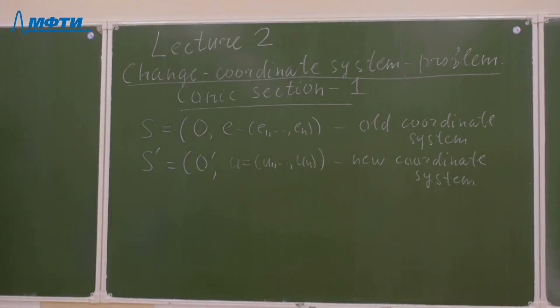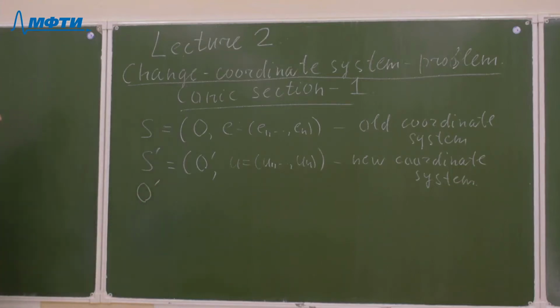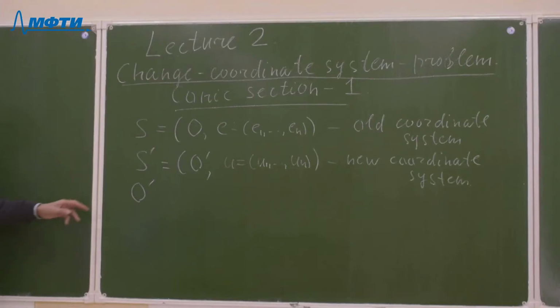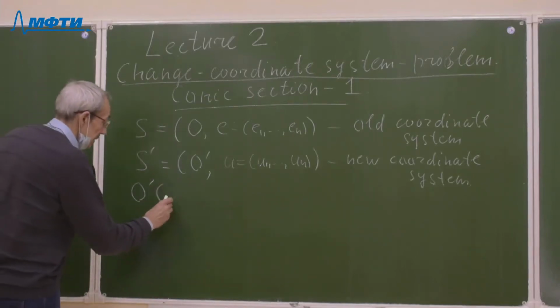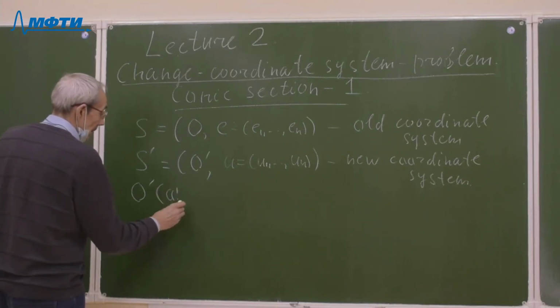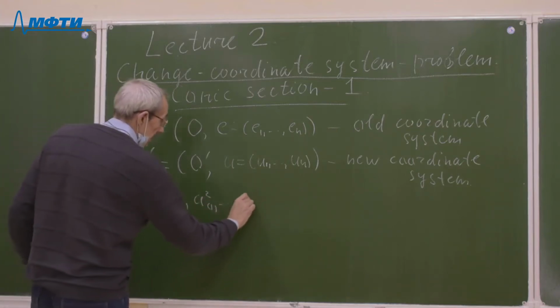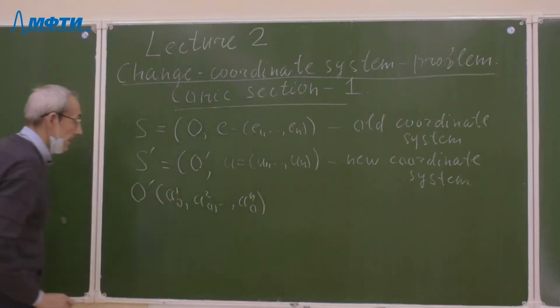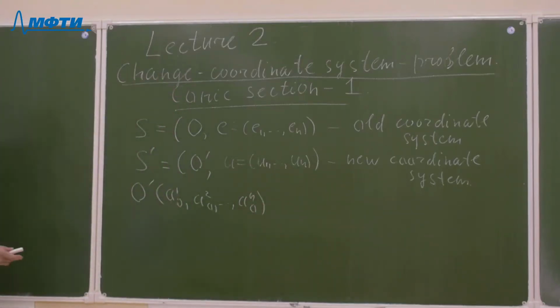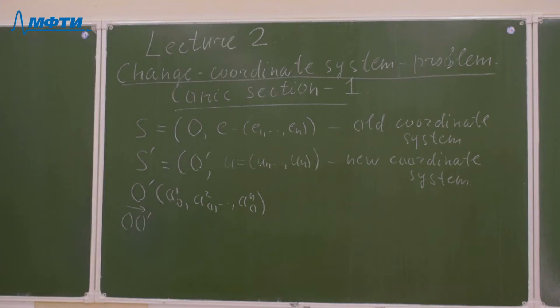And we have also the coordinates of the point O prime given, and let these coordinates be a10, a20, and an0. It means exactly that the coordinates of the vector OO prime are equal to these values.